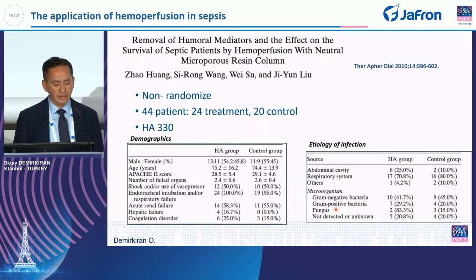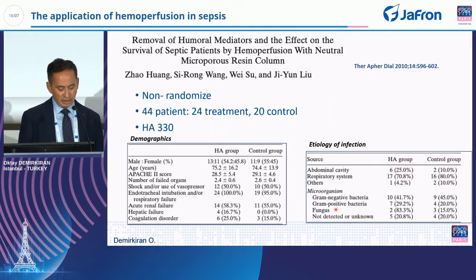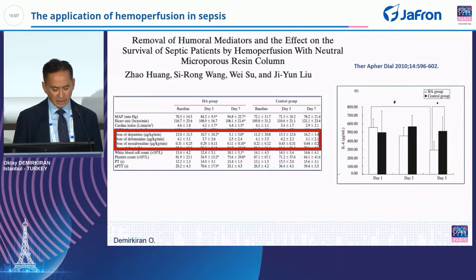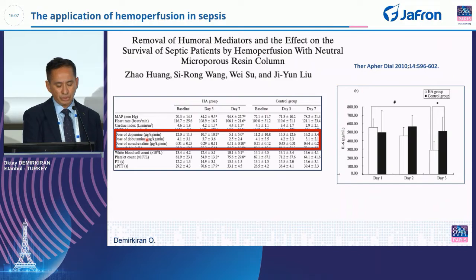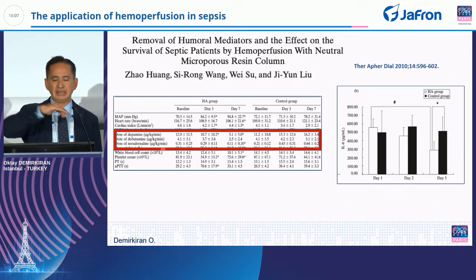In the Huang study of 44 patients, with a 24-patient treatment group and a control group, they used HA330, and the etiology of infections was mostly abdominal, with mostly gram-negative bacteria. In that group you see that the dose of dopamine, dobutamine, and noradrenaline decreased in the HA330 group.